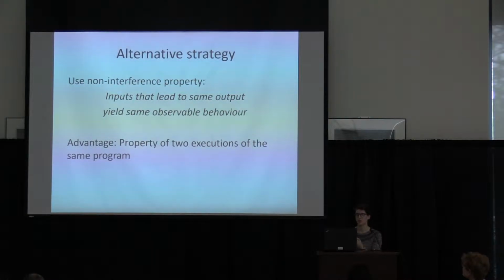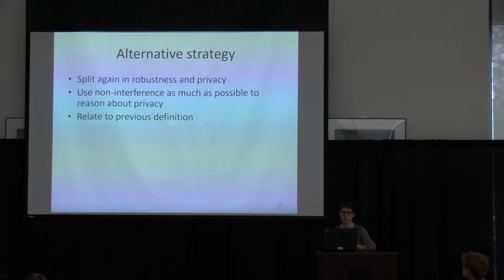So now we can reason about two executions of the same program. So we don't have the not-so-nice problem of reasoning about two programs that are very different. This is what in crypto would be called indistinguishability, and we know that this is not the same as simulation-based security. But I will show in a moment how you can still use it for part of the protocol and still get a simulation-based security notion.